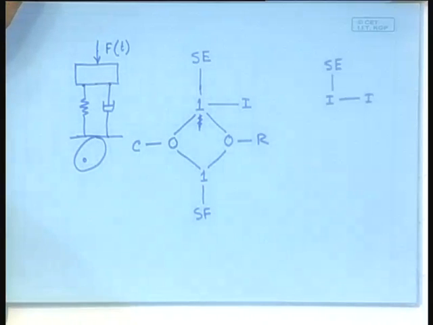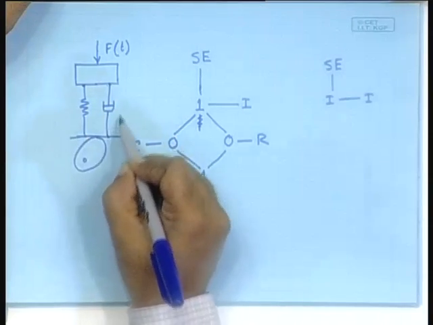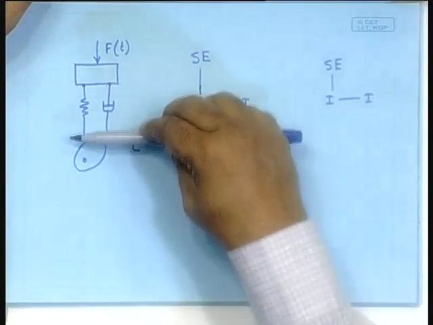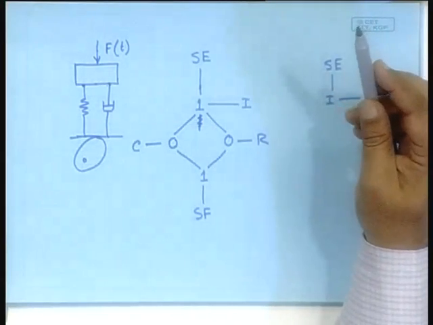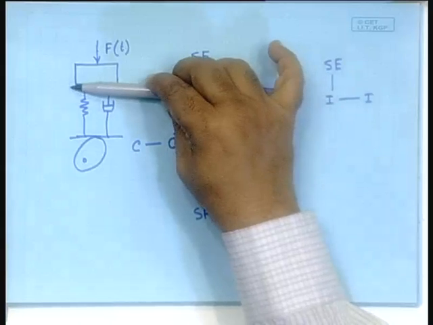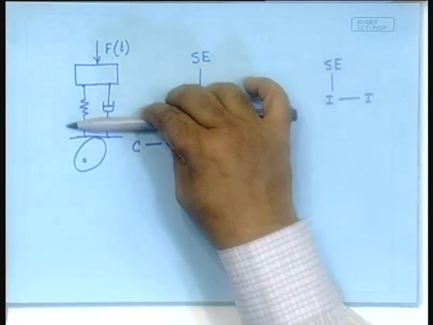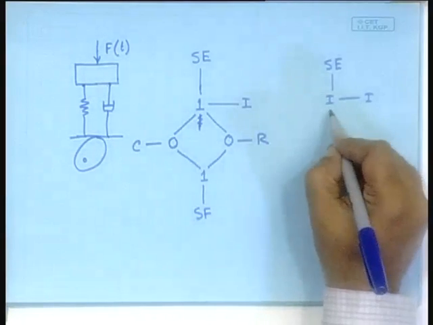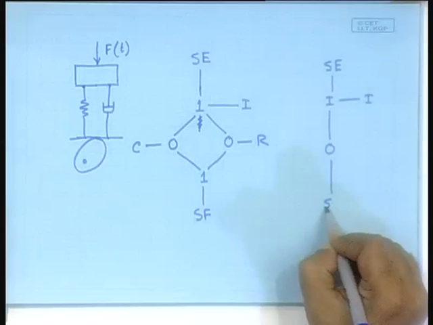One could argue that let us think that these two are combined into an element. The top and the bottom share the same effort. This point and that point share the same effort. So, initially forget about what is inside, this point and that point share the same effort. So, just connect them by a 0 to the SF.